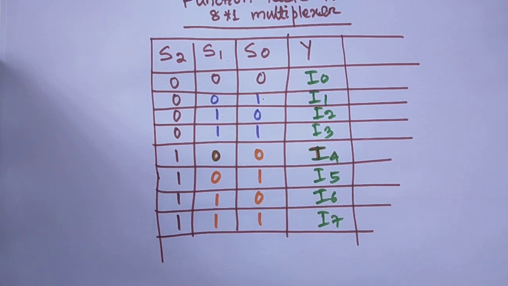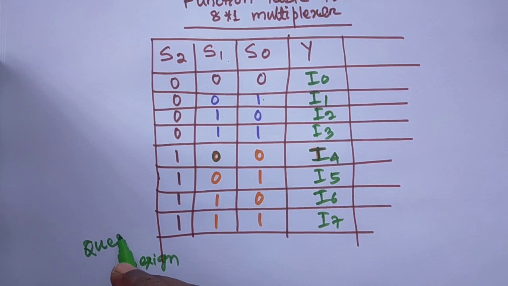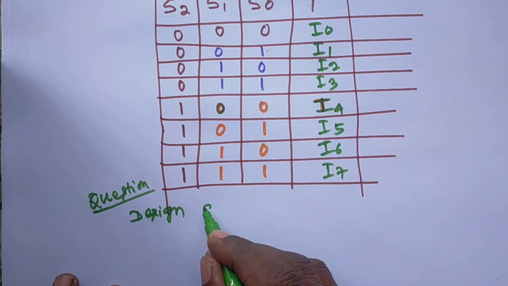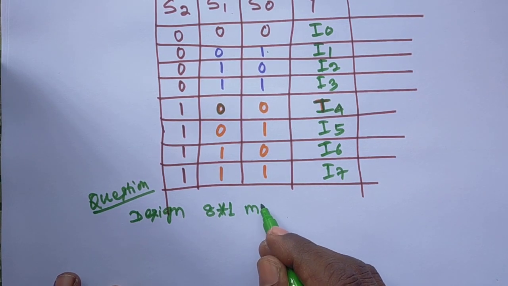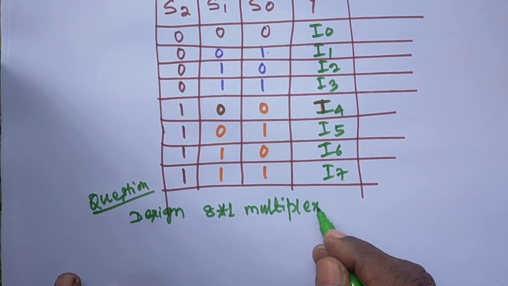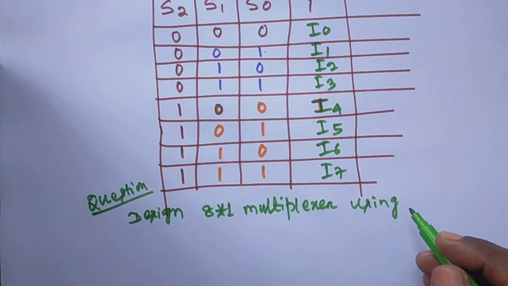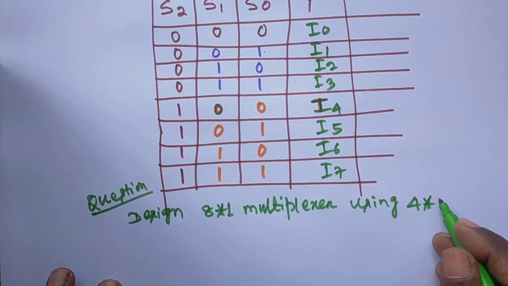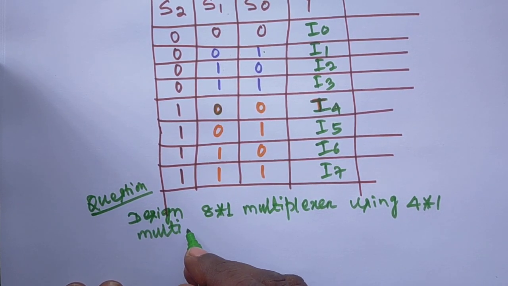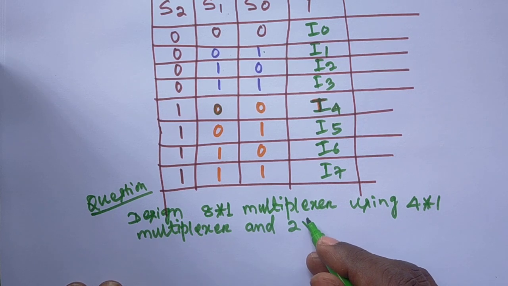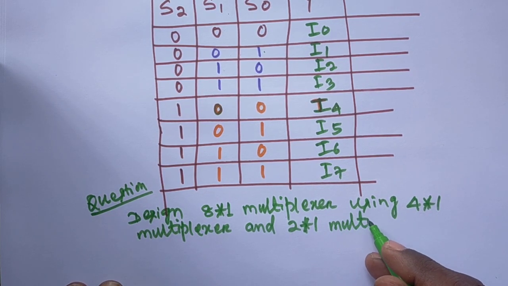The question may be like this: design an 8 into 1 multiplexer using 4 into 1 multiplexer and 2 into 1 multiplexer.